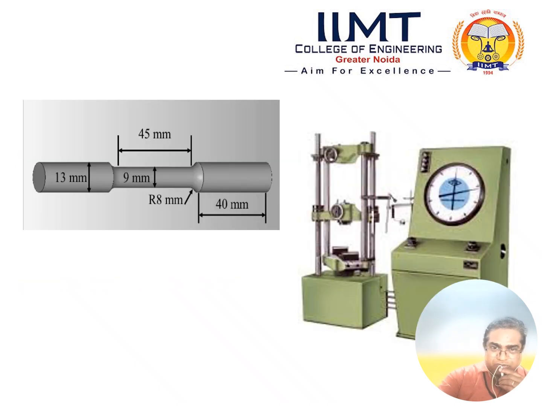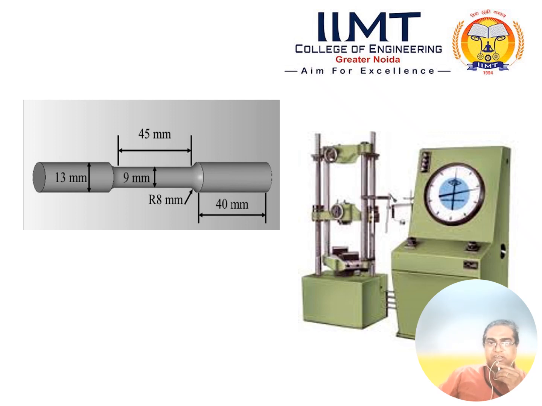Before understanding these theories of failure, first of all, we need to understand the properties of the material. We find out the properties of the material that is used for making the component.